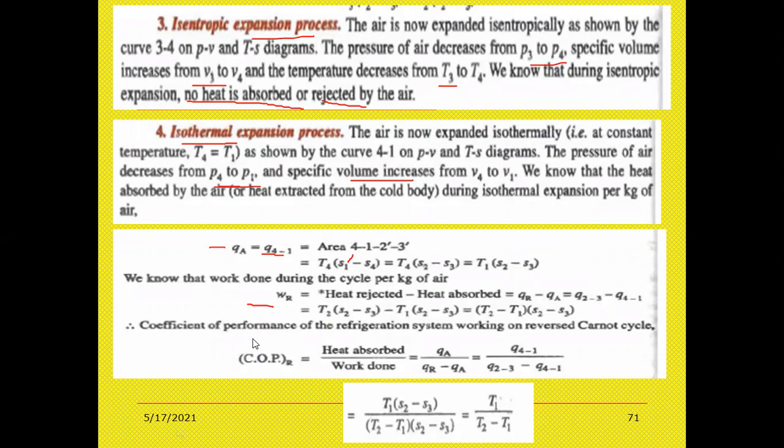Therefore, the COP of a refrigeration system working on the reverse Carnot cycle is equal to heat absorbed divided by work done, that is QA by (QR minus QA), which is Q4-1 divided by (Q2-3 minus Q4-1). Therefore COP of R is equal to T1 by (T2 minus T1). Right? Keep this formula in mind whenever we are solving problems.